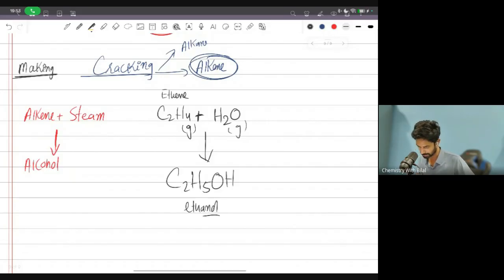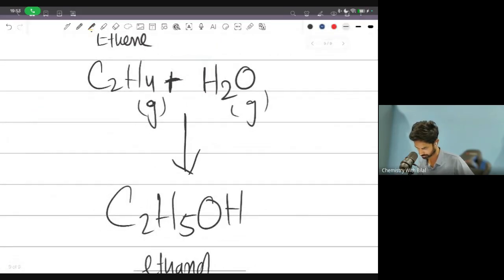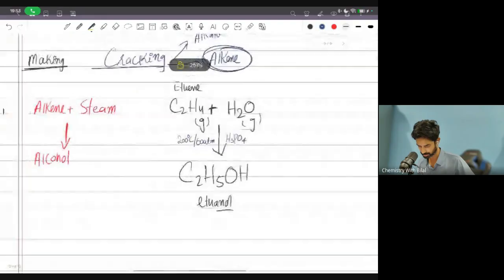So basically आपने add कर दिया, but this addition is not as easy as you can look at the screen. This addition takes place in the presence of 200 degrees, 60 atm, and phosphoric acid as catalyst. So extremely important conditions, please.